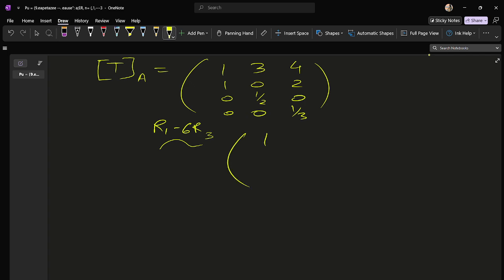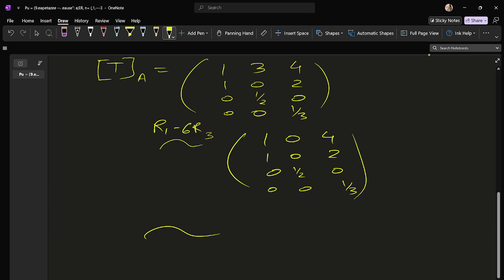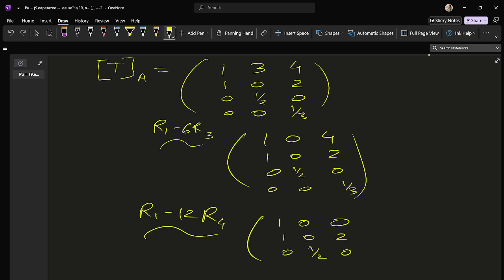Then we will get 1 0 4, 1 0 2, 0 half 0 and 0 0 1 by 3. On the second step we write r1 minus 12 r4. Then 1 0 0, 1 0 2, 0 half 0, 0 0 1 by 3.